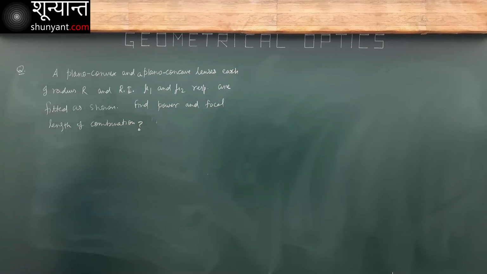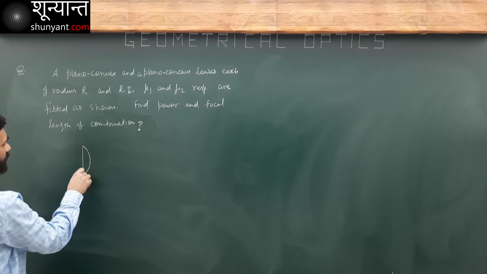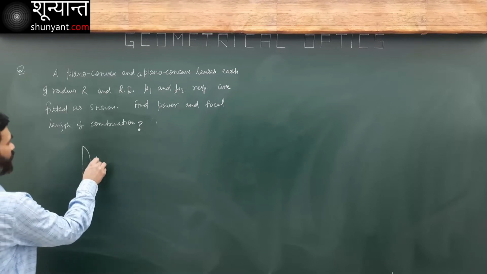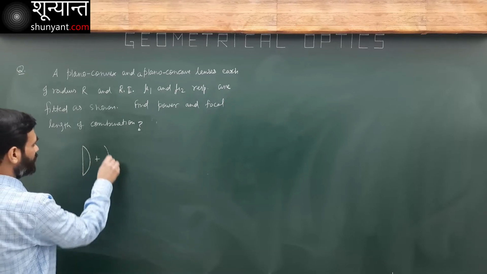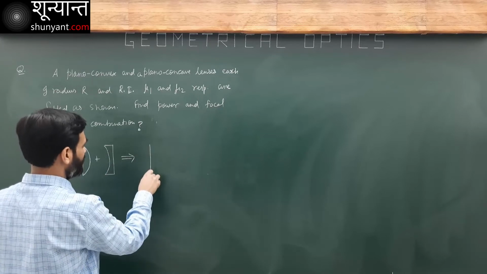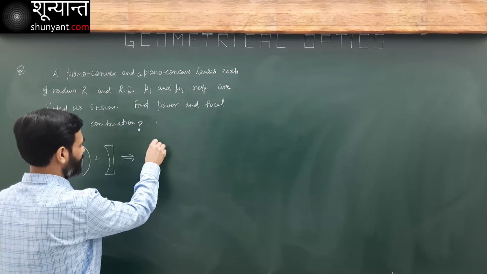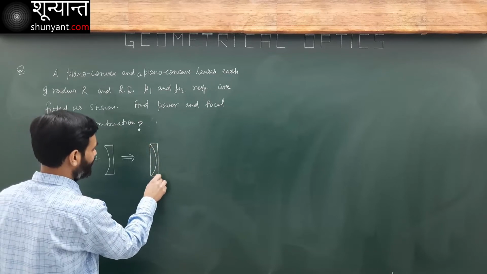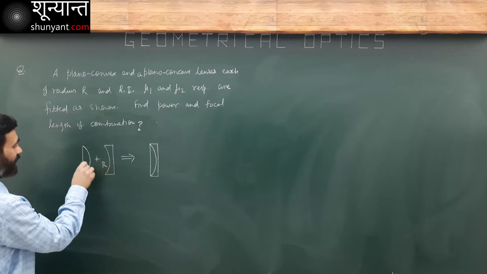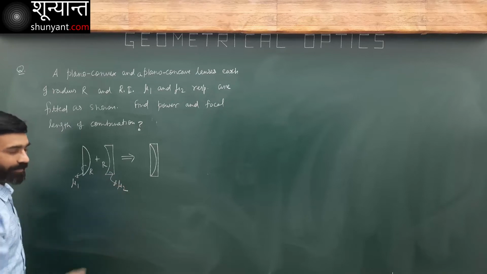It's like this. I have a plano convex lens, and I am fitting it with this, because what do I get? I get actually a structure like this. Do you see? This is R, this also is R, this is mu1 and this is mu2.